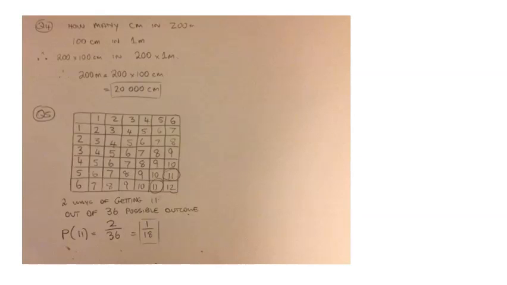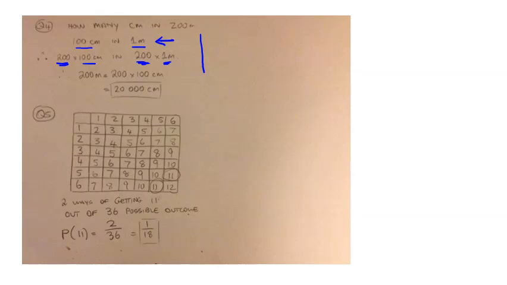With question 4, we've got ourselves unit conversion again. The most important line to remember there is that a metre has got 100 centimetres in it. And a question like this can really be done without doing a whole pile of rules. It can be thought of in this way. If you've got 100 centimetres in 1 metre, then in 200 metres, you're going to have 200 lots of 100.